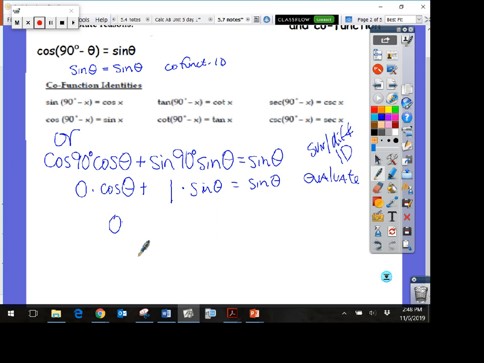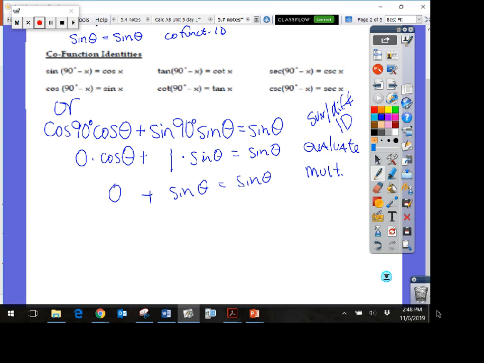And now 0 plus sine of theta equals sine theta. Right there I multiplied. And now I'm going to add: sine theta equals sine theta, because of add.